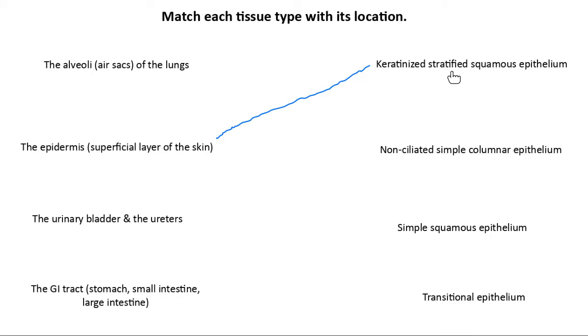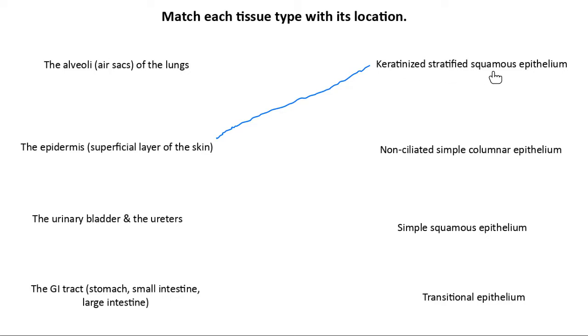What did this stratified word mean again? Yeah, so stratified was one of my layering words, right? More than one layer. So I've got more than one layer of really tough cells, that's keratinized, and the shape of those cells is my squished shape, my really flat cells.